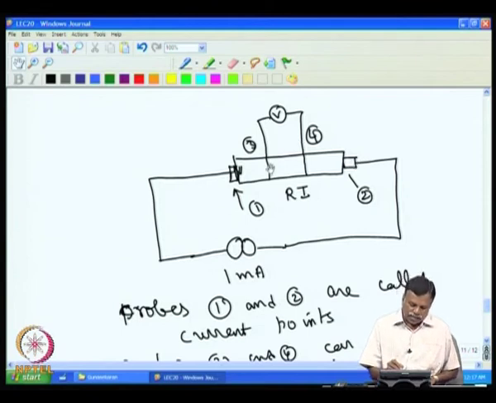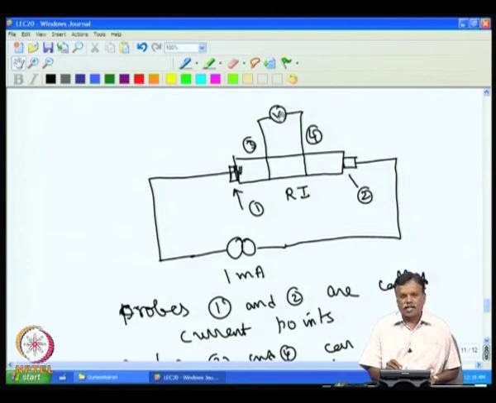Now, there can be a contact resistance here and here, and that also has no effect on the measurement, because the voltmeter has a very high impedance. The resistance of the voltmeter is so high for this resistance measurement. There will be a contact resistance at this point and this point, but compared to the voltmeter resistance it is very small. So, there is no error in the voltage measurement either.